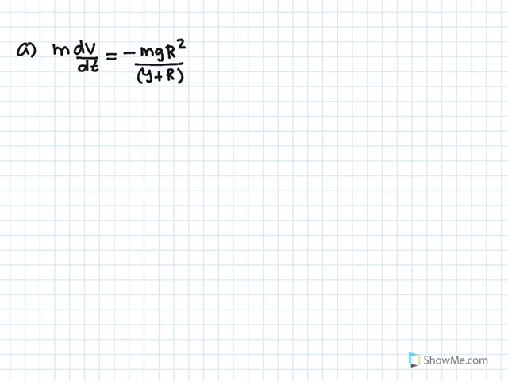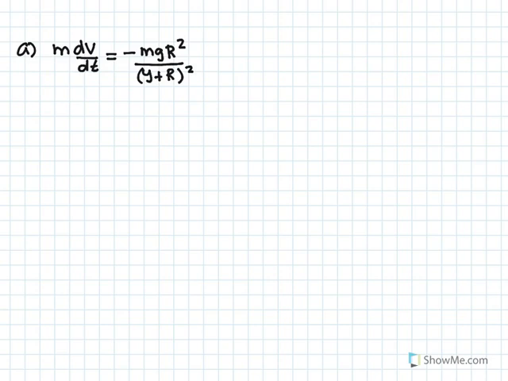All right, let's get started with part A. For part A of the question, we would like to show that mass times dv/dt is equal to -mgR^2/(y+R)^2.